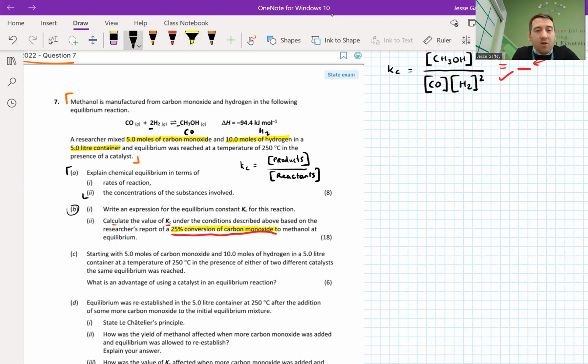All right, so the first thing I'm going to do now is write down this reaction for my ice table. So I'm going to write CO plus 2H2 reversibly reacts to make CH3OH. And beside that, I'm going to lay out my ice table. Remember, ICE.